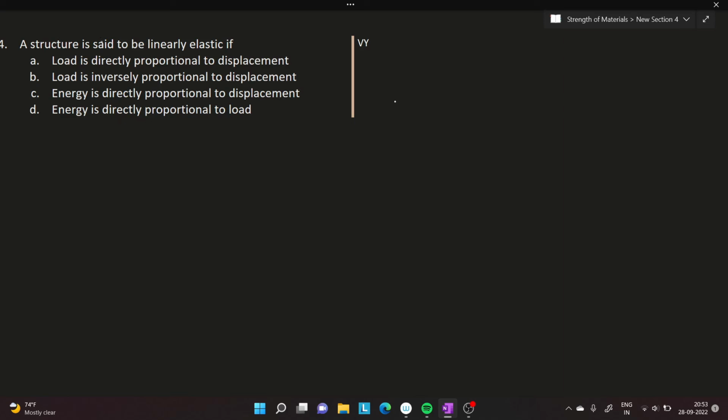Elastic meaning if a member or a body is loaded, after unloading, it comes back to its initial position. That is nothing but an elastic property. Linearly elastic meaning the stress strain curve would be linear. This only happens if it is directly proportional to the displacement. If it is inversely proportional, we are going to have a parabola here, right?